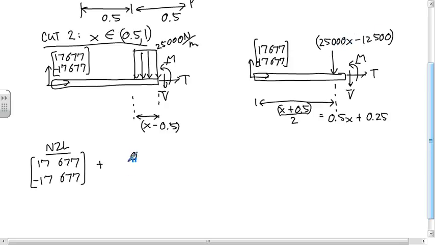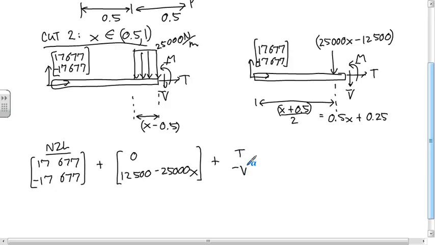So in other words, the vector is 0 and then 12,500 minus 25,000 x. You can think of it as this magnitude times a unit vector in the direction (0, -1). And if you multiply that, this is what you get.